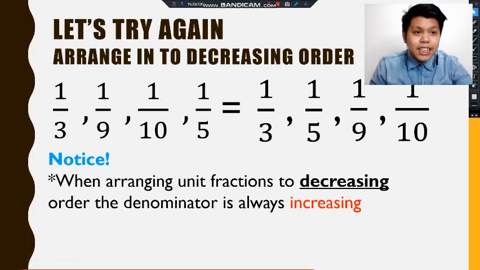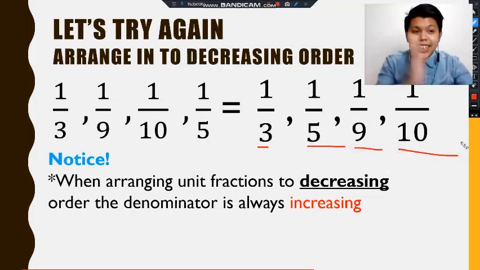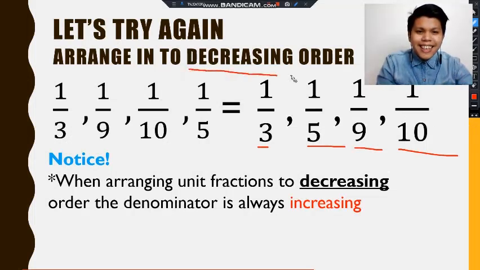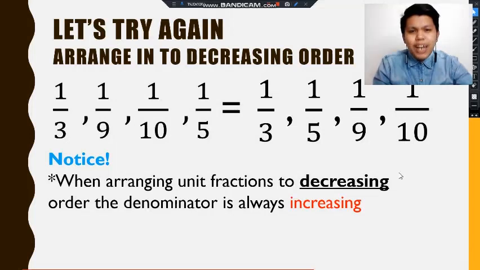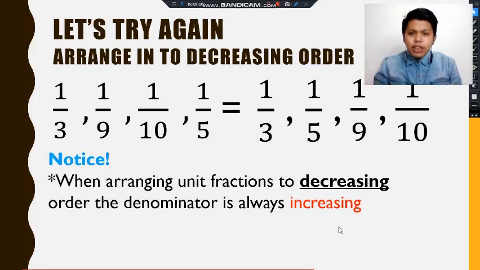Just like what I said a while ago, 3, 5, 9, 10. So it's increasing. But this order, don't forget, is a decreasing order. So never get confused. Again, if you don't want to get confused, you may draw an illustration so that you will really see to it that it is getting bigger or smaller.